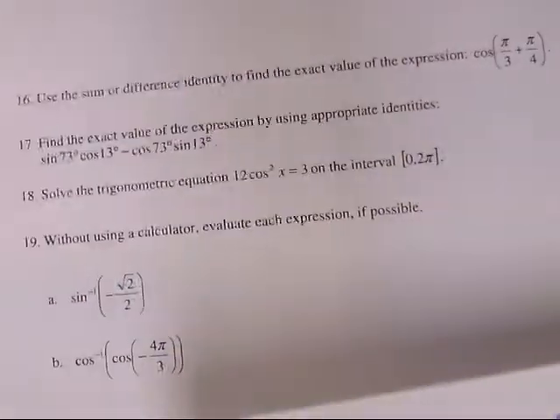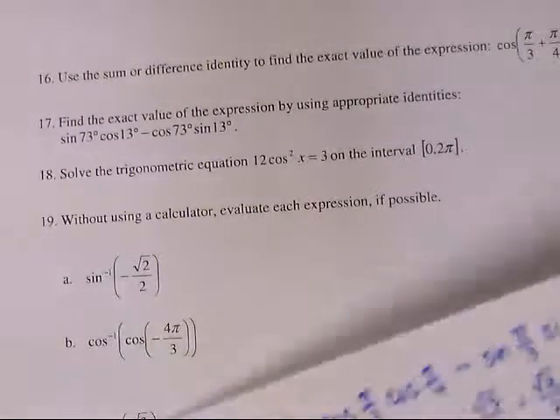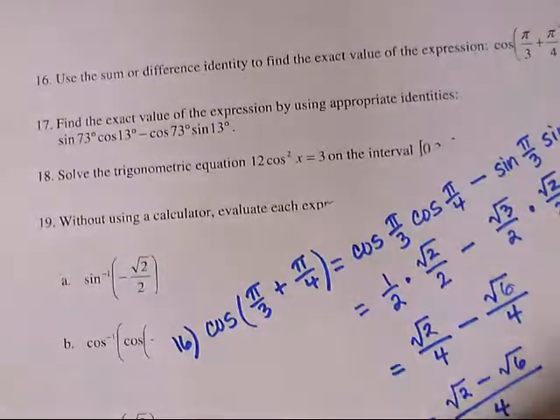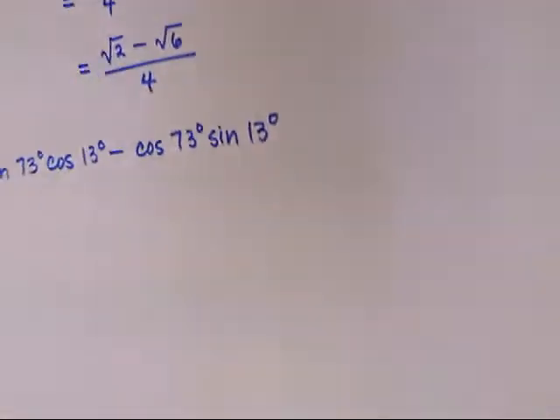Number 17 is finding the exact value of the expression using the appropriate identities. Here we got the sine of 73 degrees times the cosine of 13 degrees, minus cosine 73 degrees, sine of 13 degrees. And you're going to use the appropriate identities here.